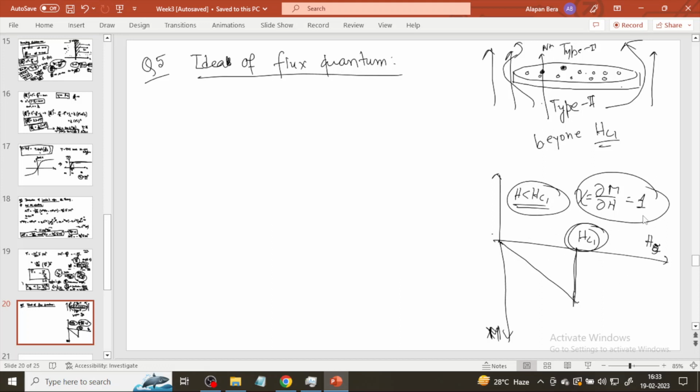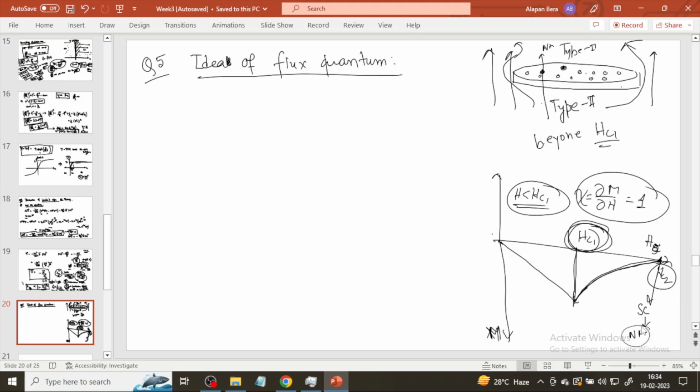But as soon as we go beyond HC1, some magnetic field can penetrate and raise the value of M inside the superconductor. Then the magnetization goes like this, and this point is called HC2, when it is 0 basically. At this point the superconductor is not a superconductor anymore, it is now a normal metal.